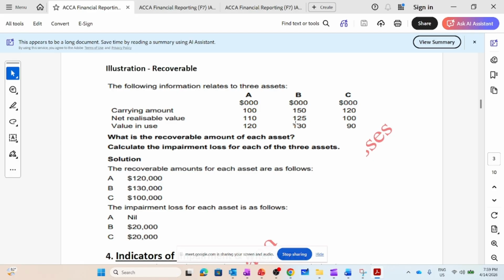We can only get impairment when the carrying value of the asset is greater than the recoverable value. It means the economic benefit that's supposed to be generated from that particular asset cannot be generated anymore because of the decline, the reduction in the carrying value of the asset to its recoverable value.